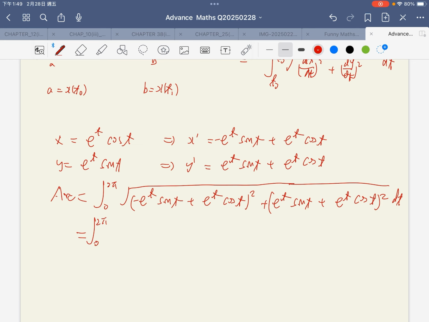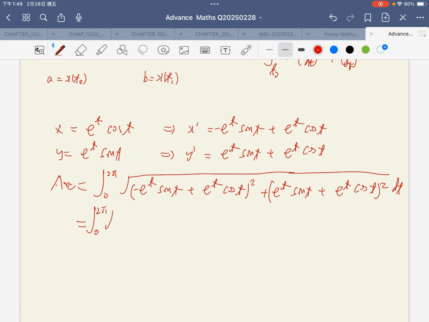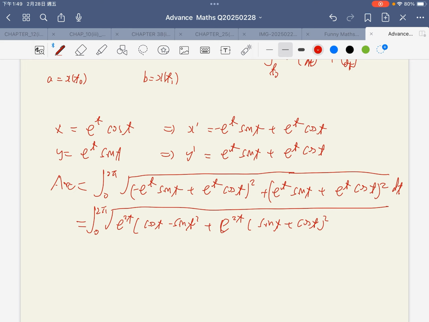You will find it may be difficult, but actually it is very easy. Factorize e to the power 2t outside, then inside is (cosine t minus sine t) all squared, plus, factorizing also e to the power 2t, (sine t plus cosine t) squared, dt.